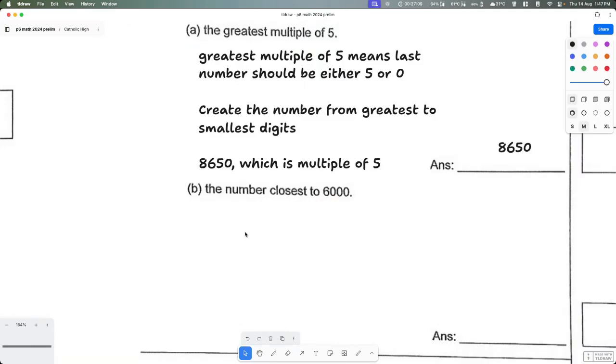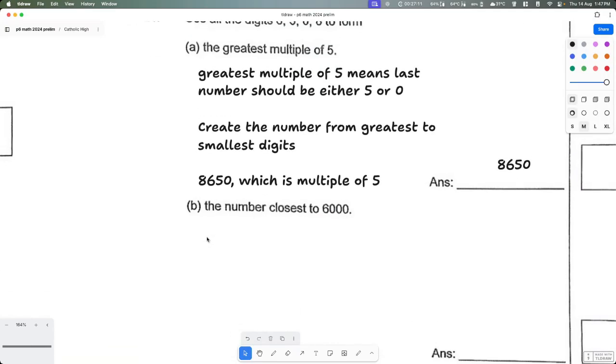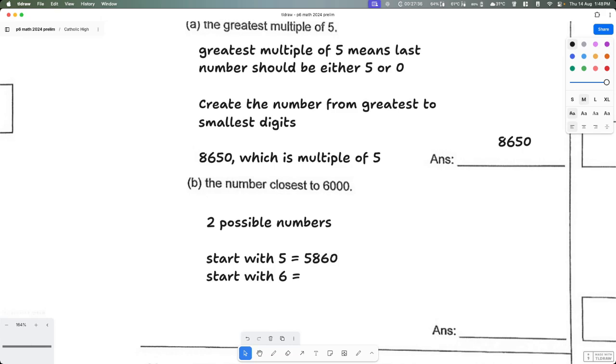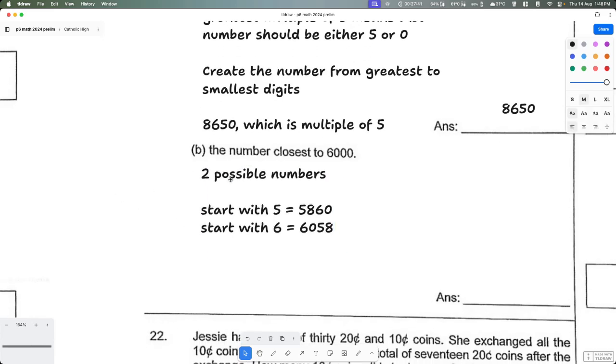Next one, part B, it says the number closest to 6,000. Since we can create two possible numbers, one starting with 5 and one starting with 6, starting with 5 becomes 5860, and starting with 6 becomes 6058.